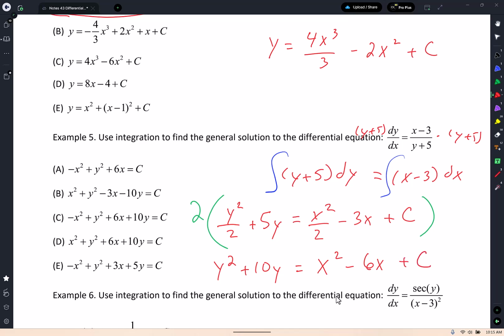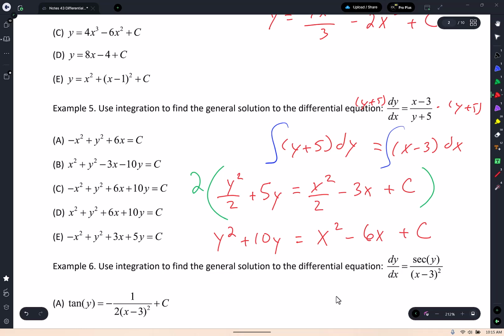How come I didn't write 2c? A constant times 2 is still a constant. Just write plus c. Make sure that we understand that, guys.